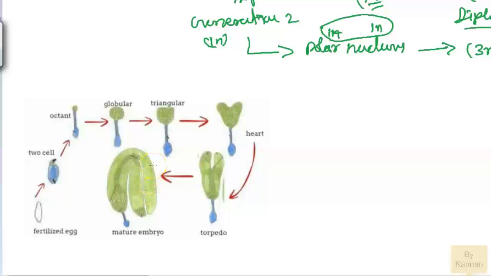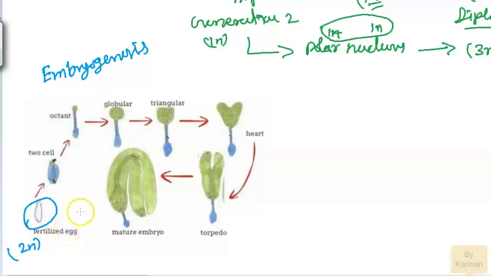So here is embryogenesis in plants. You can see the fertilized egg in the initial process. The fertilized egg is a 2n cell, formed by the first generative cell fertilizing the egg of the embryo sac.